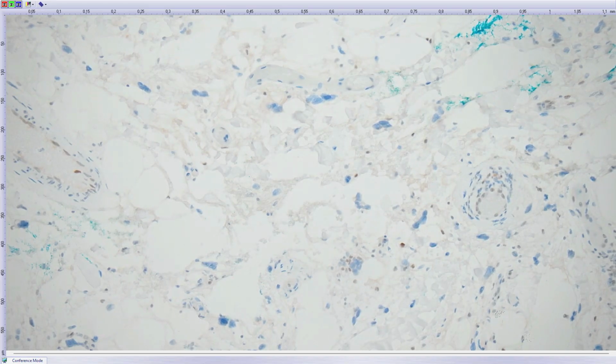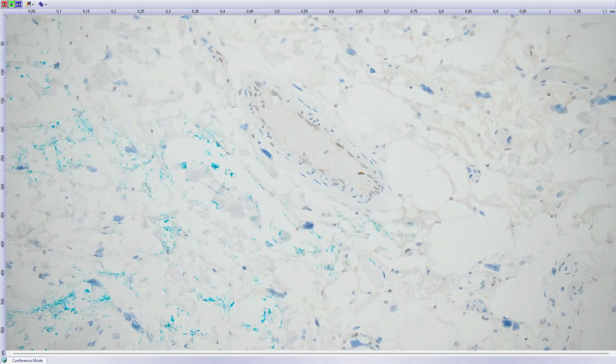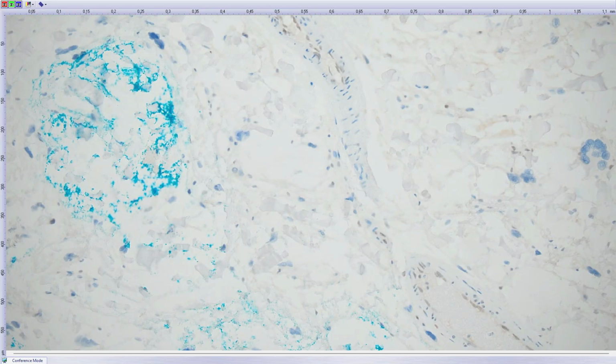The possibility is pleomorphic lipoma. Retained in endothelia and lymphocytes. The tumor is negative. So it's pleomorphic lipoma. So it's benign.